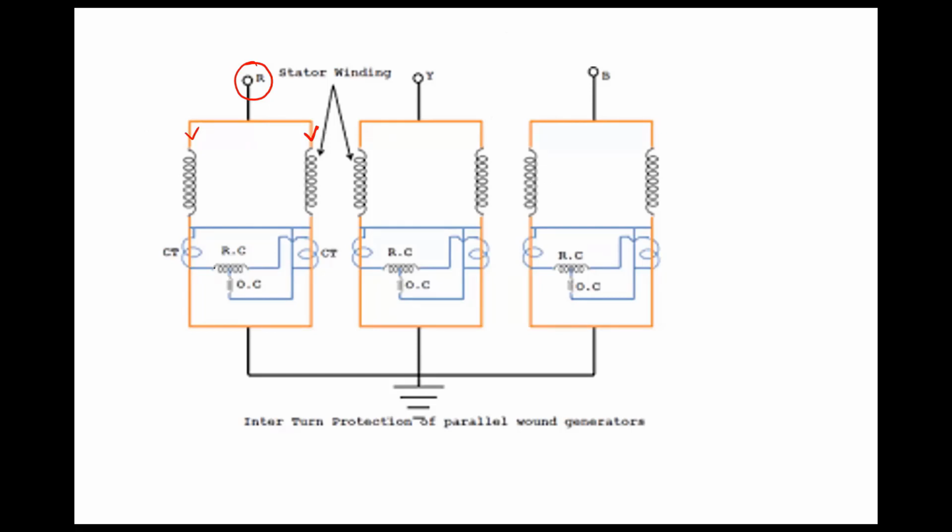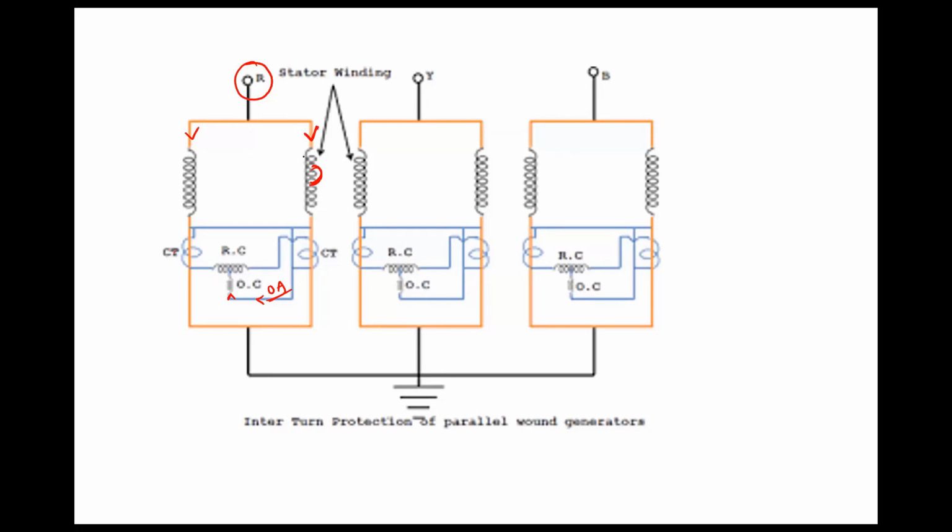The secondary CT currents induced are the same and in phase, because this is the same phase current. Since they are connected in opposite fashion, one will subtract from the other, and the operating coil will carry zero current. When there is an interturn fault, the impedance will get disturbed and the currents will differ.